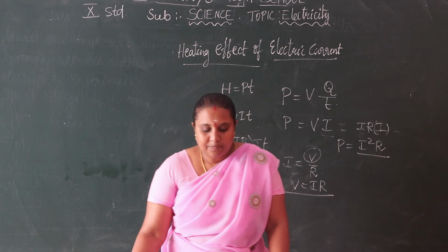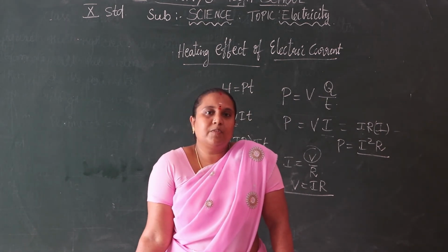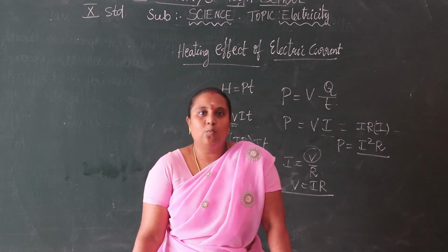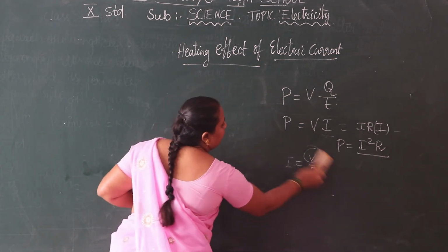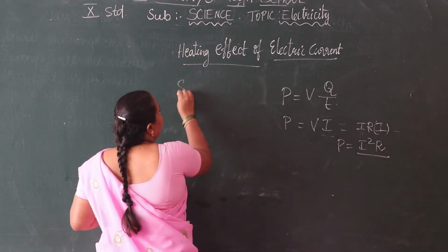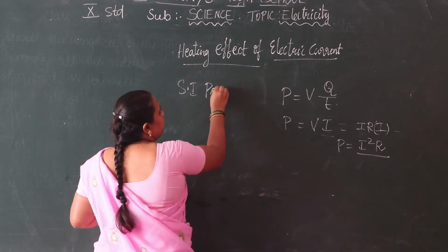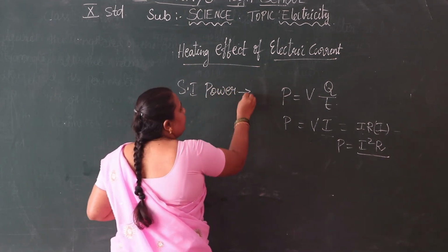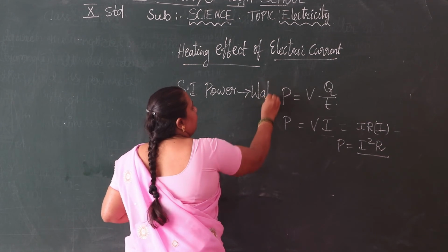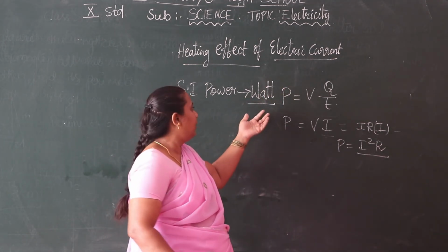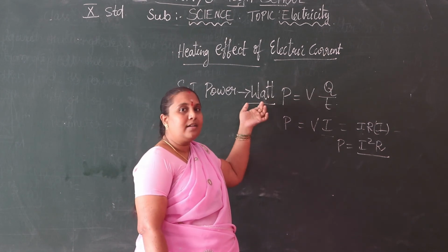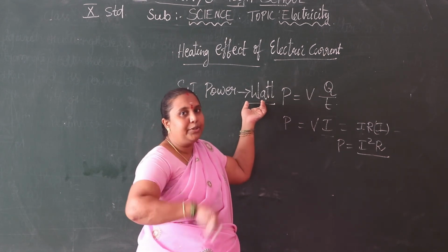What is the SI unit of electric power? Watt. The SI unit of electric power is watt, W-A-T-T.